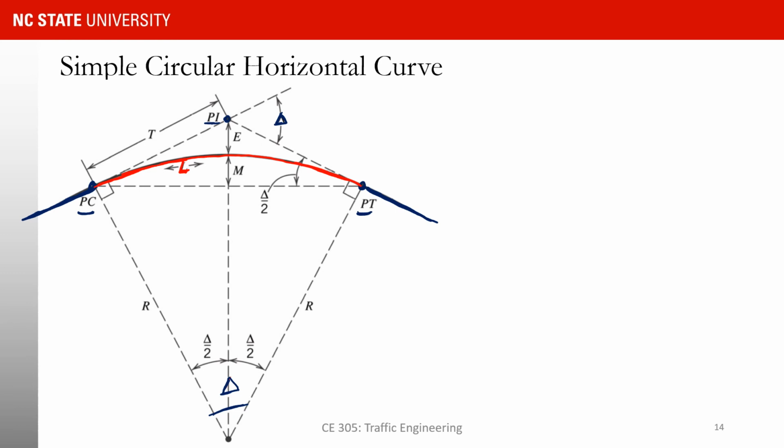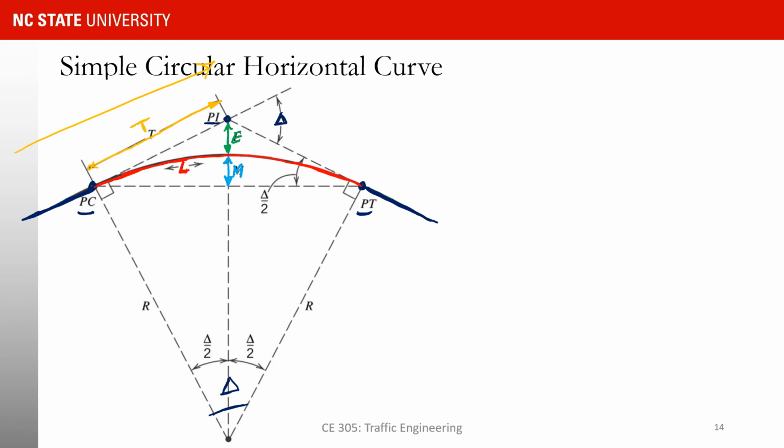We also will see how to determine this length, that we call M, how to determine this length, that we call E, and how to determine T, or the distance between PC and PI along this tangent.